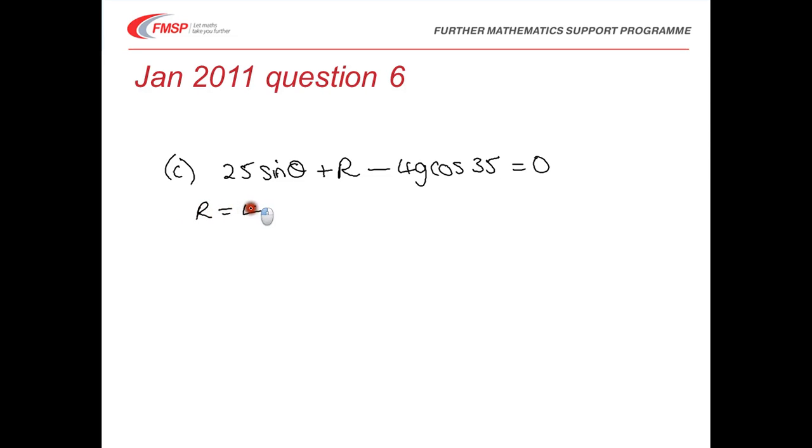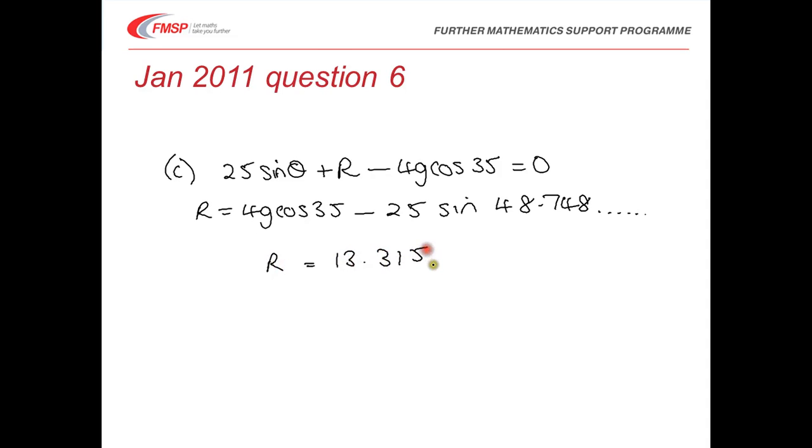So R is therefore 4g cos 35 minus 25 sin theta, and we already know theta, we worked it out in the last part of the question, so using the full value. Type that into the calculator, we get 13.315, and again if we round to 3SF, 13.3 newtons.